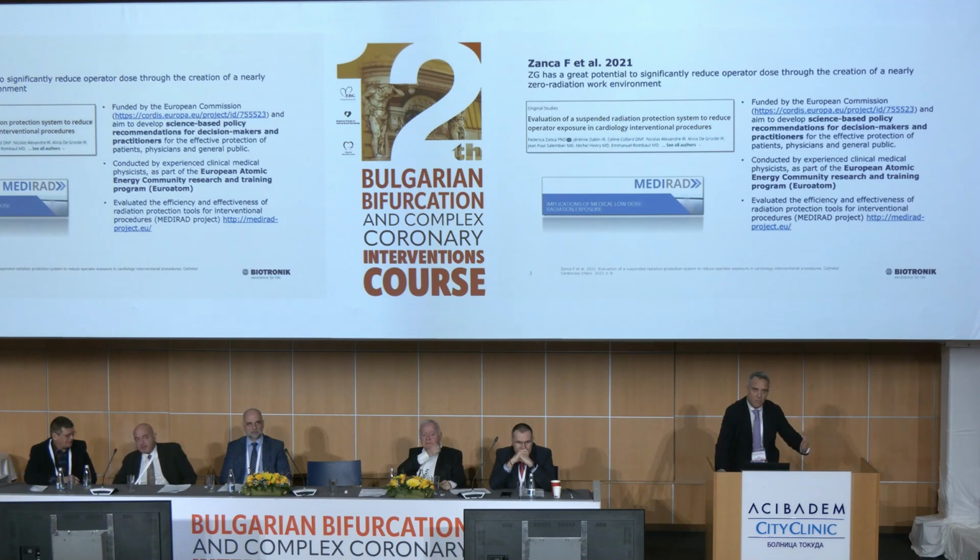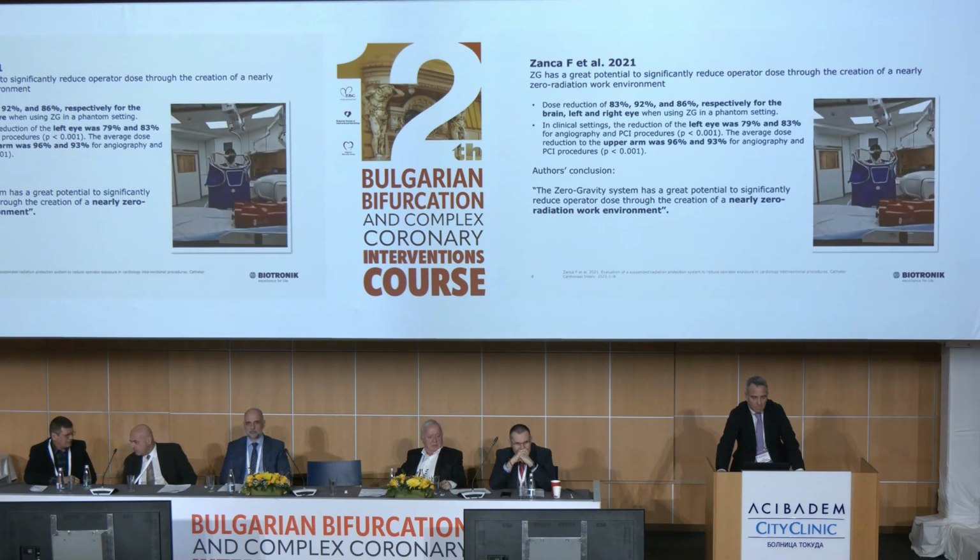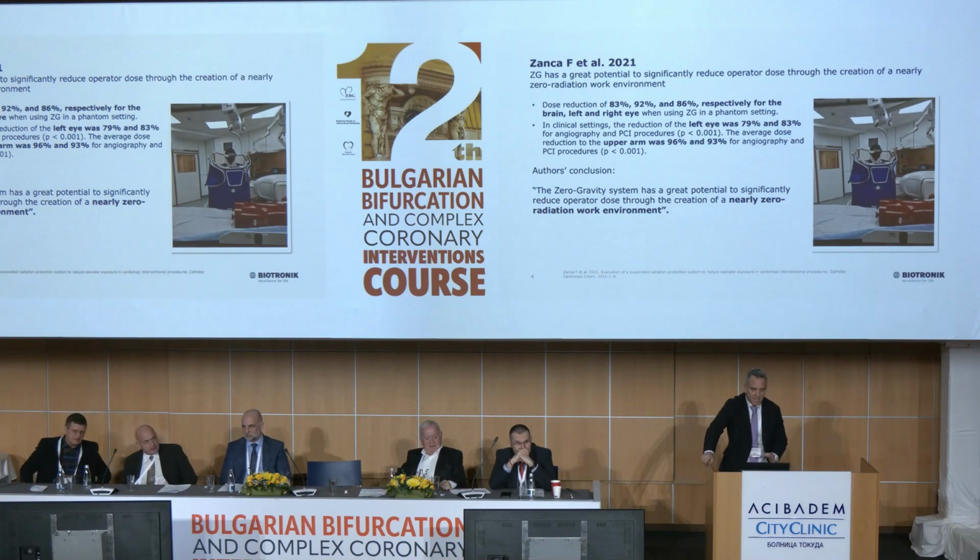Also with Biotronik, with the system, you have great potential to reduce operator dose to the creation of a nearly zero radiation work environment. And the protection is dose reduction of 83, 92, and 86 percent respectively for the brain, left and right eye using the Zero Gravity in phantom setting.